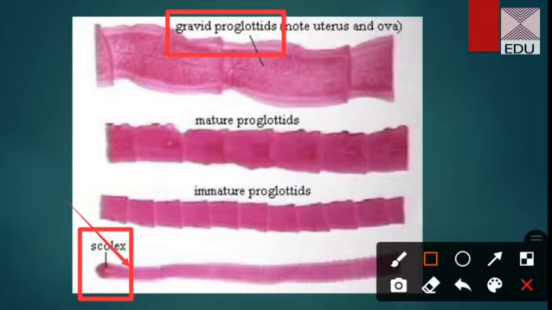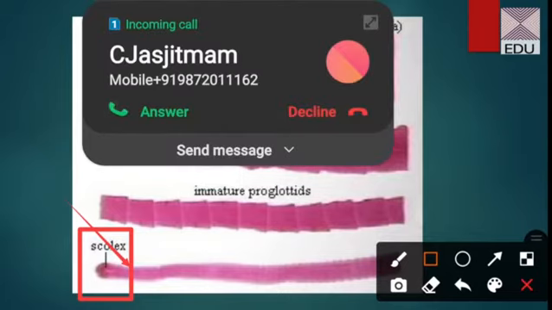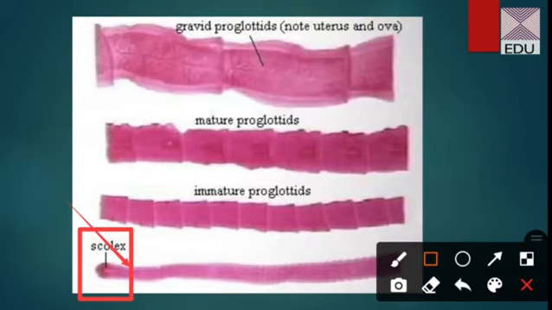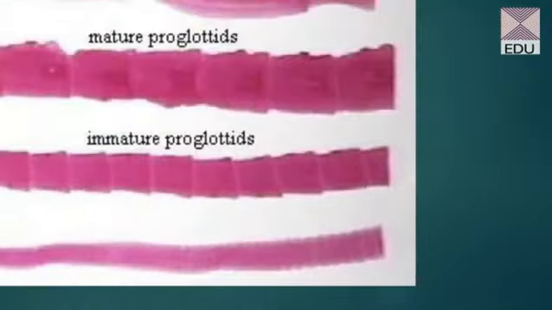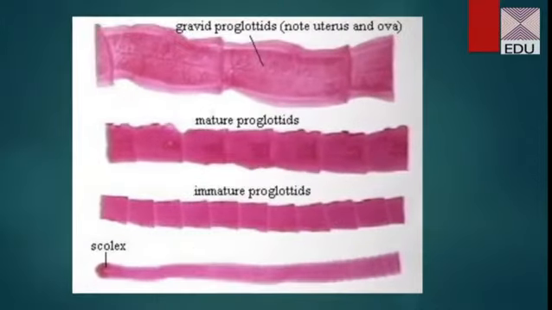But first of all, if you take the basic structure of these 3 kinds of proglottids, you can very well see that immature proglottids are broader than long. If I take this part of the body of the TAENIA, these proglottids are broader than long. That means they don't have much length, but they are broader.